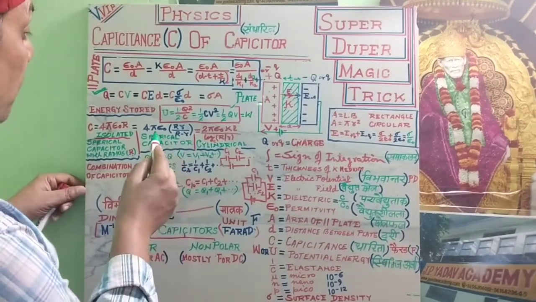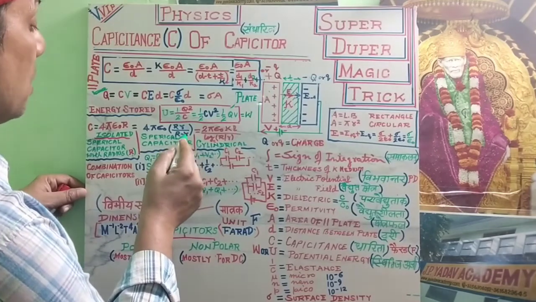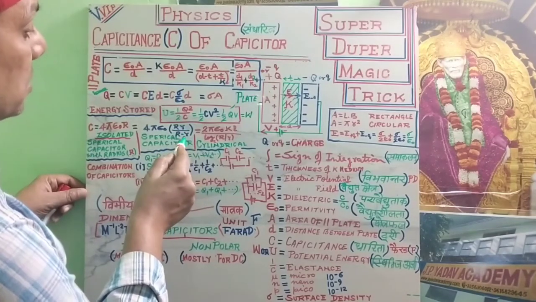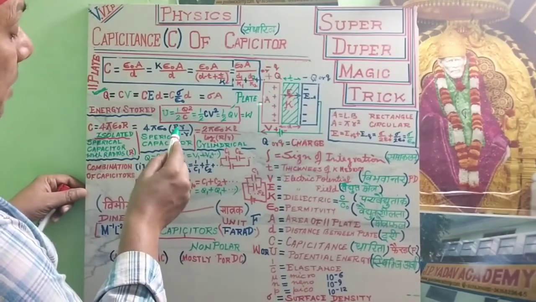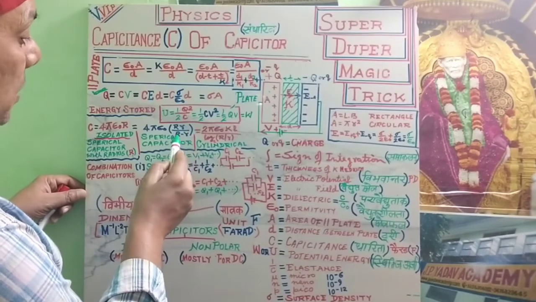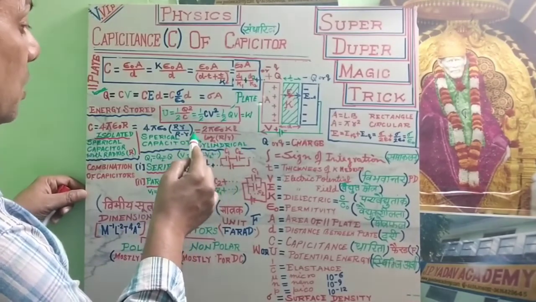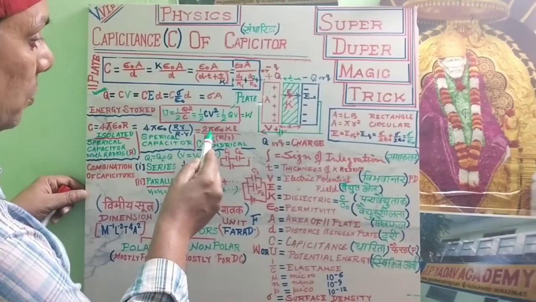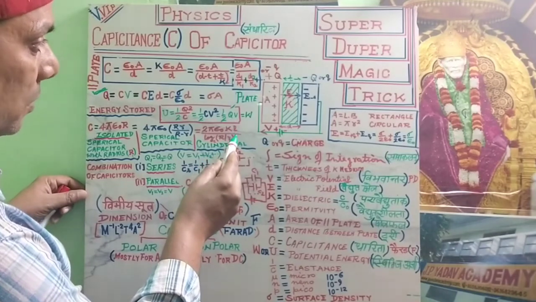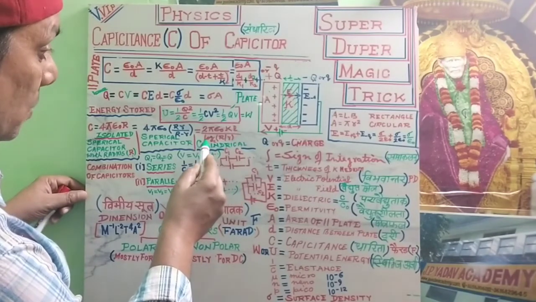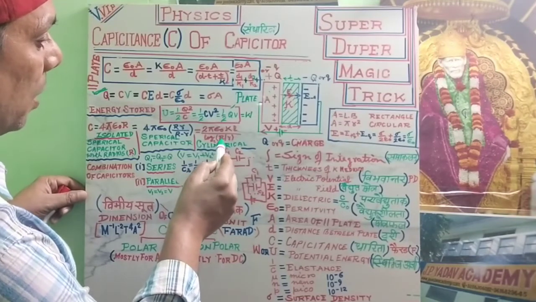For the spherical capacitor, with outer radius R and inner radius r, the capacity is 4 pi epsilon 0 R r by R minus r. For the cylindrical capacitor, the capacity formula is 2 pi epsilon 0 K into length L by log e R by r.